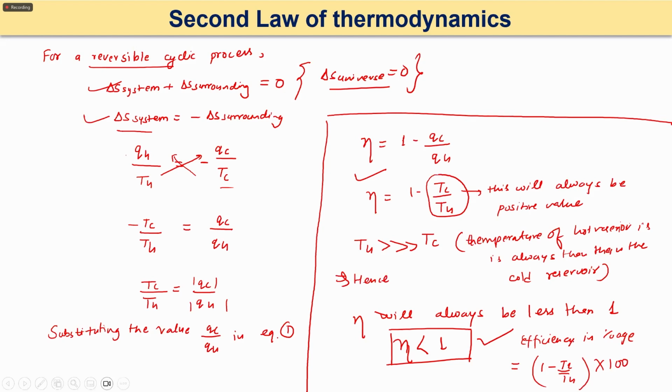So it will become your percentage. It is always less than 100%, because eta is always less than 1. So this value will always be less than 100. This is what we have studied in the second law of thermodynamics.